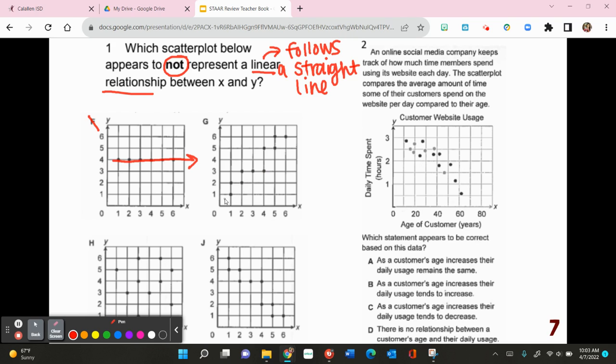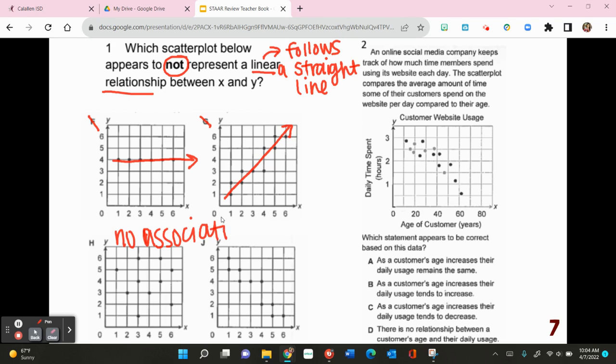If I look at G, following my scatter plot, I see that these points follow a positive trend line. So this is also a linear relationship. If we look at H, we see that our points are all scattered over our graph, which means that this is no association. This has no relationship, no linear relationship, no association.